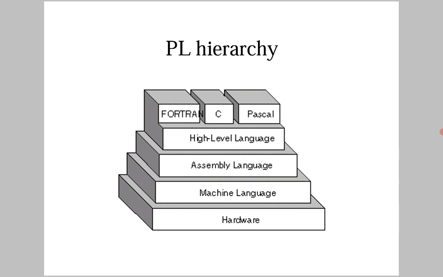Computer hardware is generally maintained by machine language or binary language. Above machine language we use assembly languages also. Above that are high level programming languages, or high level languages. Simple examples are C, Pascal, Fortran, Basic, like that.